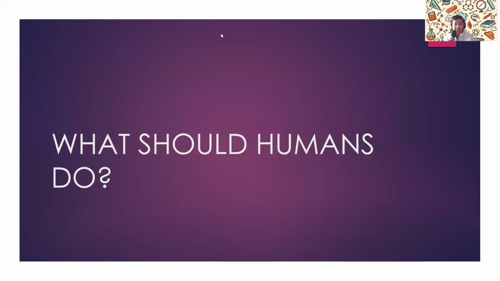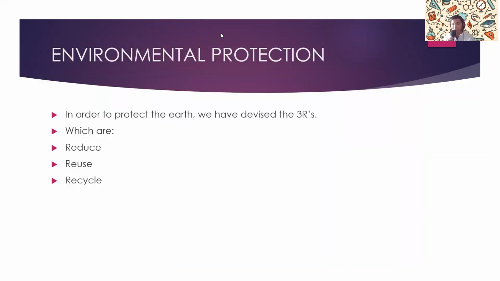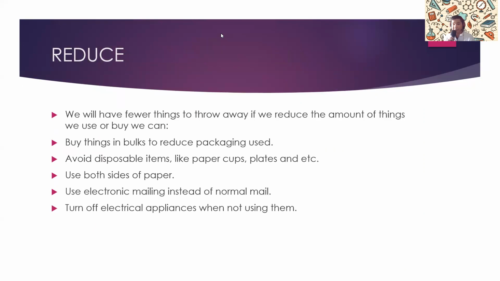So, what should us humans do? We can do environmental protection by reduce, reuse, recycle, the three R's. To reduce means that we are going to lessen the usage of items such as plastic because plastic takes a long time to dissolve under the ground.